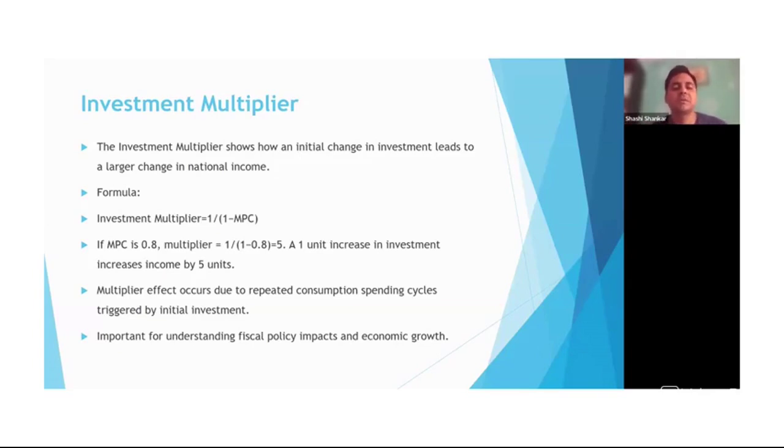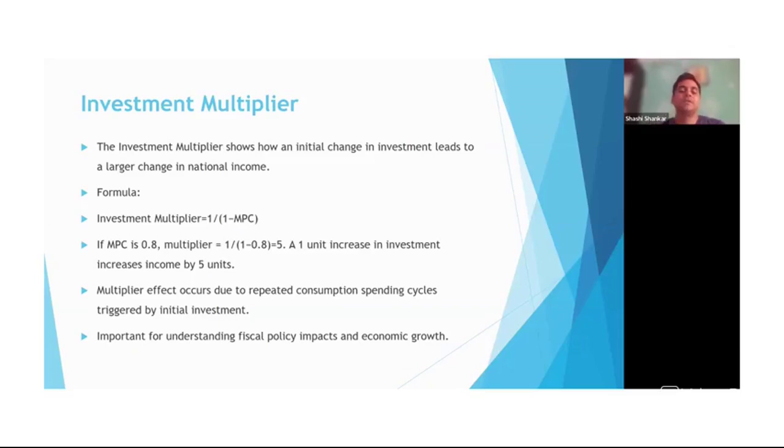The formula is investment multiplier = 1/(1 − MPC). So if MPC is 0.8, the multiplier would be 1/(1 − 0.8) = 5. So a 1 unit increase in investment increases income by 5 units.